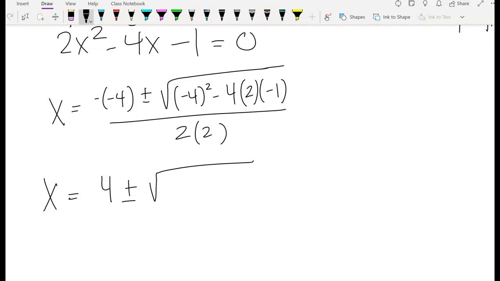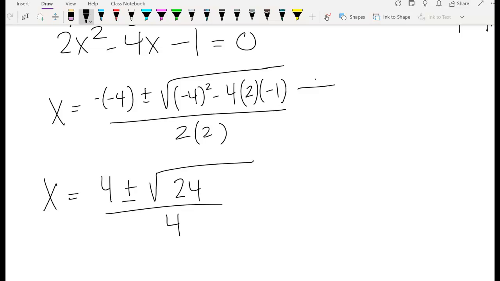And then we have -4 times -4, which is 16. -4 times 2 is -8 times -1, +8, all over 4. And then 16 plus 8 is going to be 24.